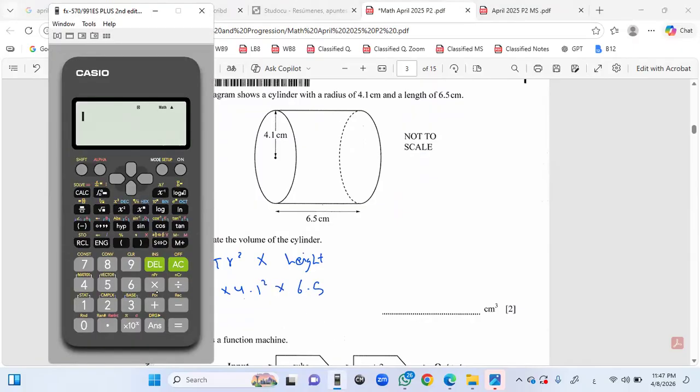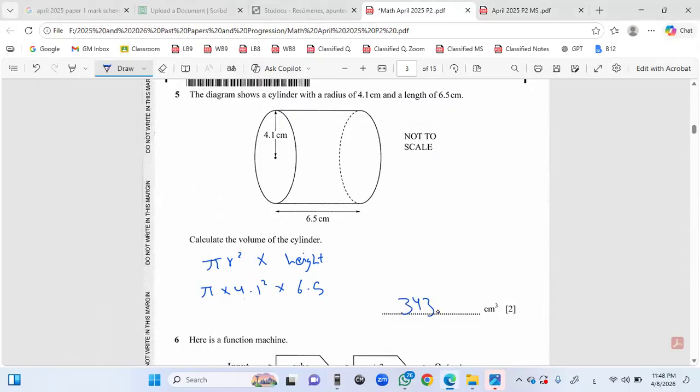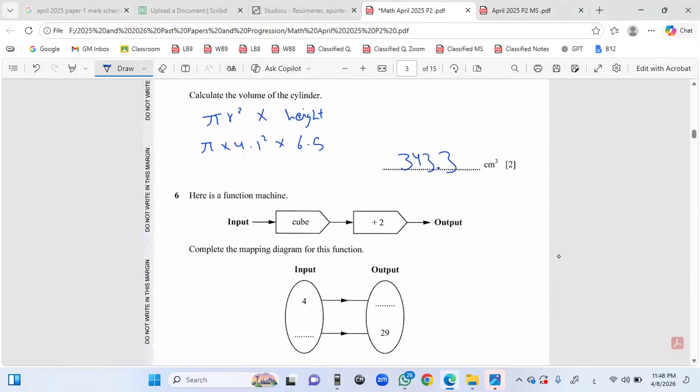Using the calculator, it's going to give you exactly 343.3. As we agreed before, you're going to round it to one decimal place.